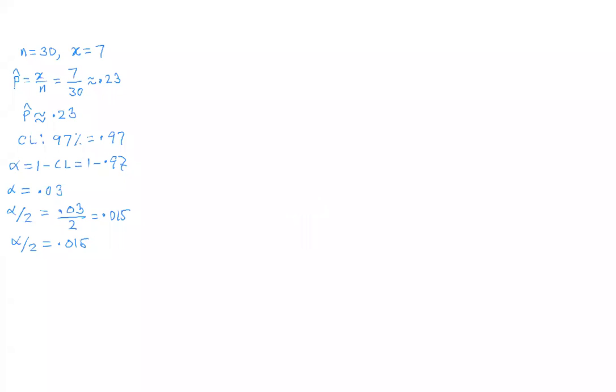Now let me go ahead and create that diagram for the standard normal distribution. So there's going to be a standard normal distribution, mean 0, standard deviation 1, and your area in the left tail is going to be 0.015, and the area in the right tail is 0.015.